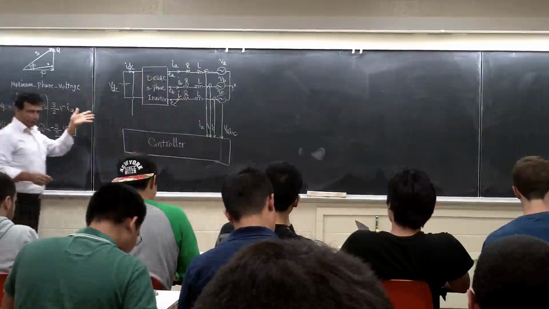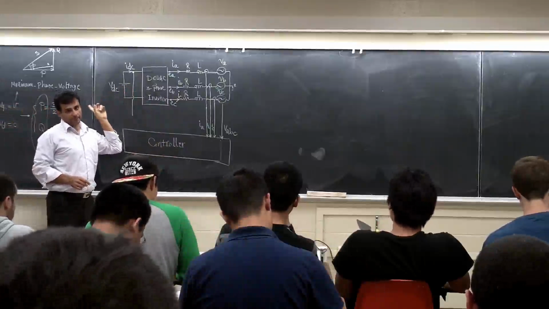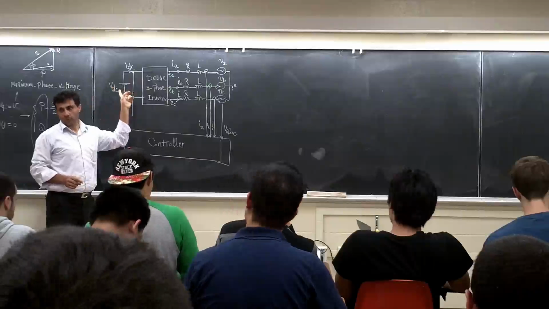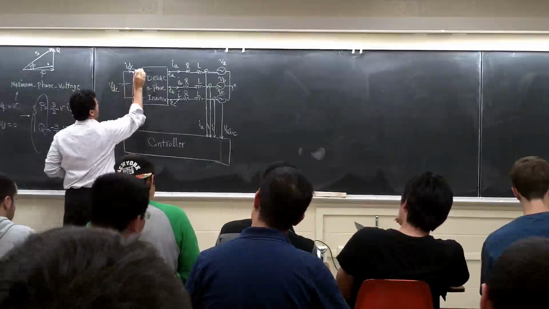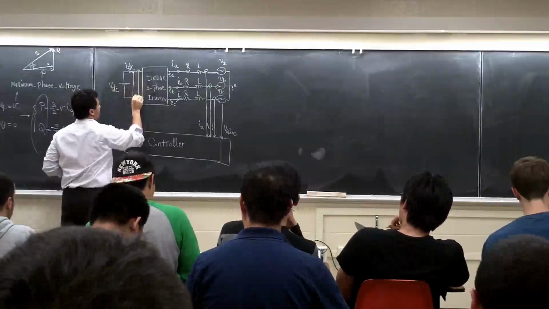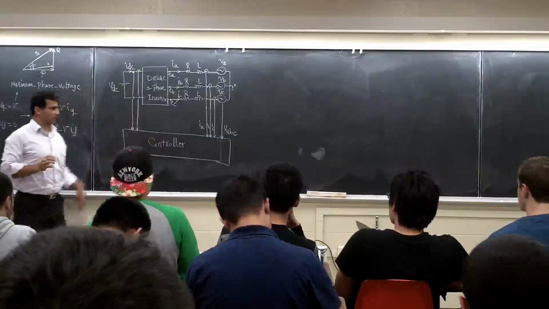And VDC also, we are not going to use it, but for solar maximum power point, we need to get the VDC and IDC, both. These are the ones that will come here to my DSP.